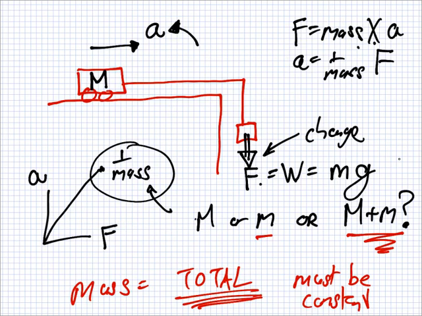So this gives us a small problem. How can I change the mass here without changing the total mass? Well, what we do, I think some of you know or remember this.